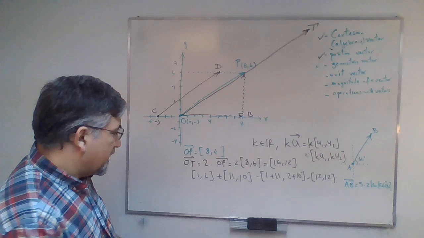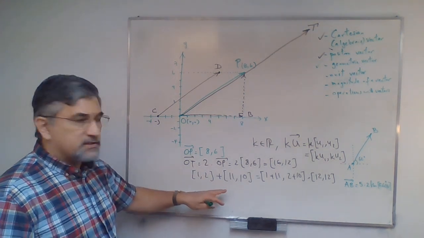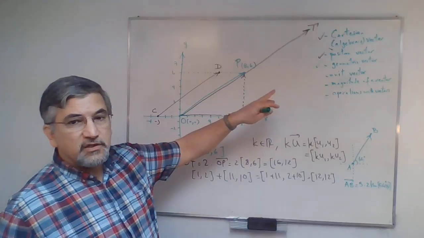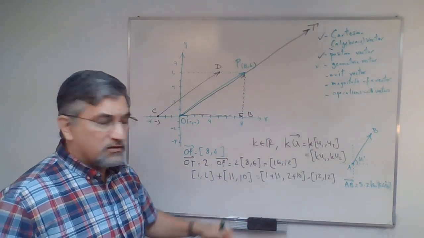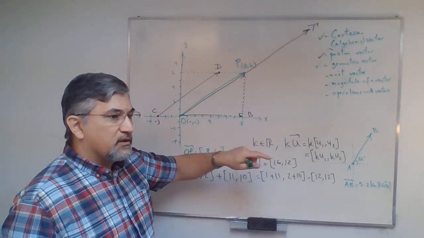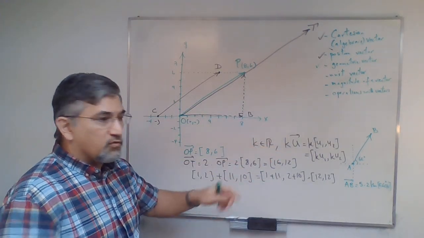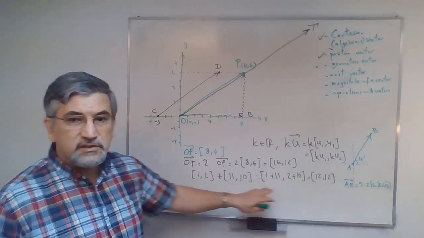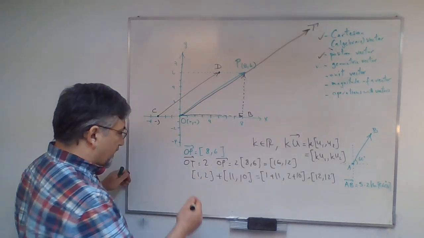All right. And how do you subtract vectors? It's very easy, actually. So whoever came up with the idea of Cartesian vectors, algebraic vectors, that was a good thing because it simplifies our job. If we want to subtract 2 vectors or add 2 vectors in the geometric form, it will be a lot of work. But right now, you see how easy it is to use algebra to add or subtract vectors.